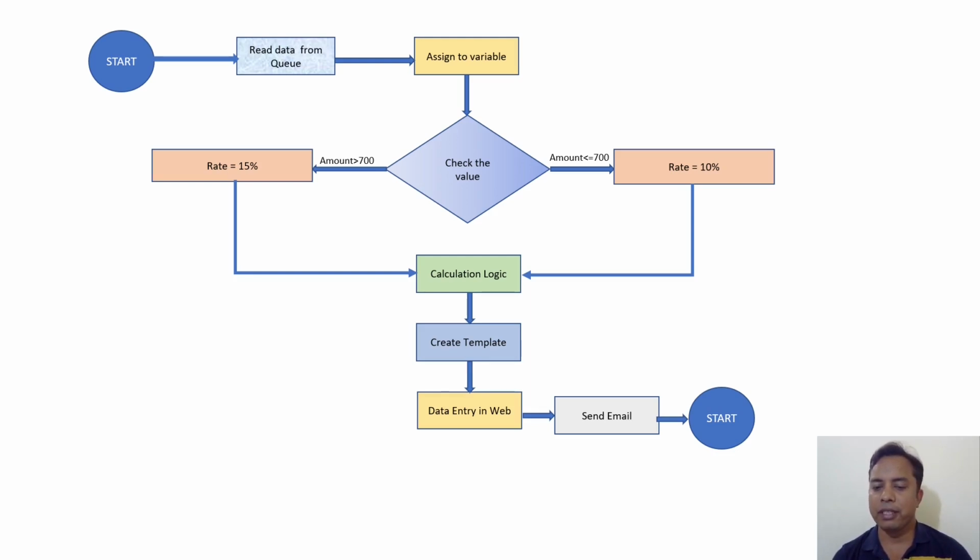Once we have these three things, and a few more variables that are already available in the queue, we are going to create the template, or I would just say create the PDF. To create the PDF, we are going to use one fixed template wherein we will replace the data. Let me just show you that template.